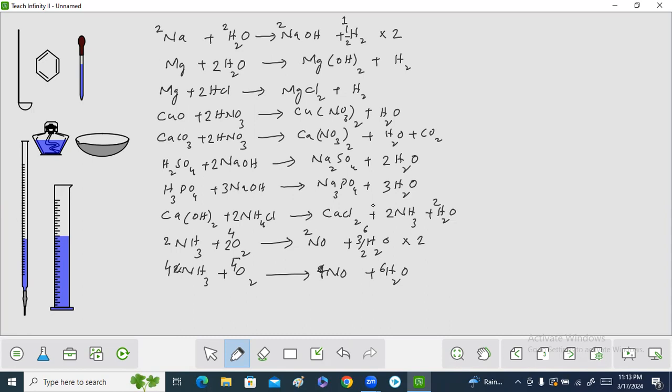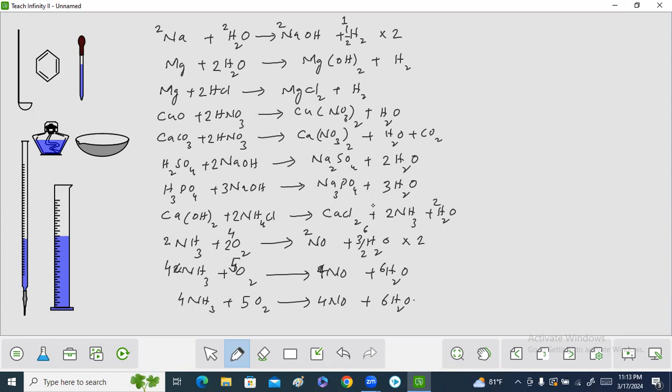So we can make this 5. So the final balanced equation is 4NH3 plus 5O2, and then 4NO plus 6H2O. This is the equation in which ammonia reacts with oxygen to form nitrogen monoxide and water.